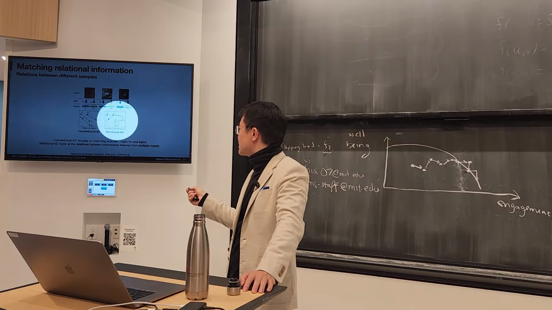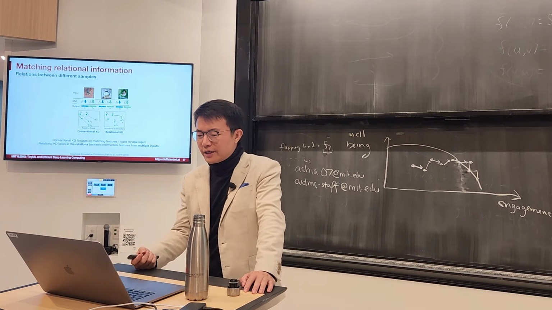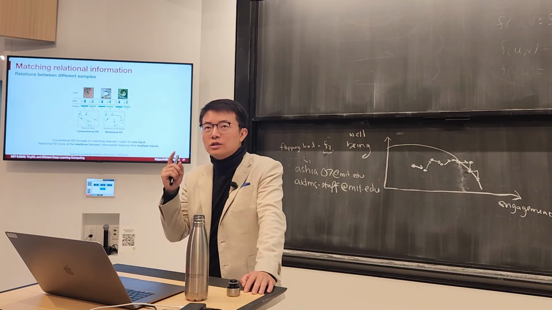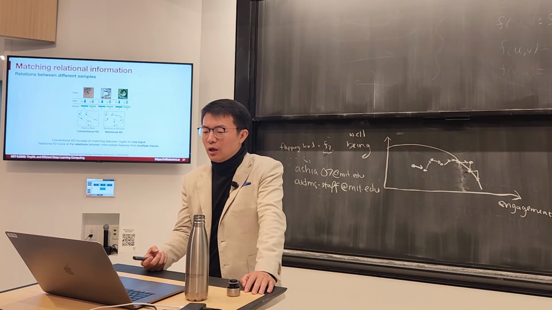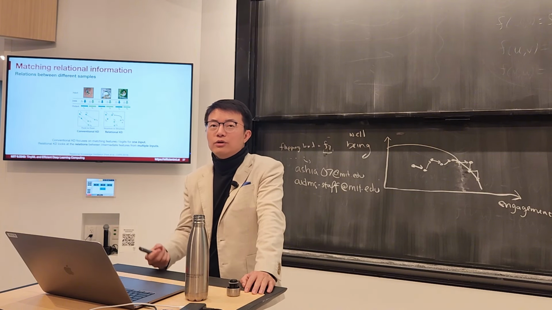But here it matters. Okay? The relationship matters. So conventional KD focuses on matching the features or matching the logits on just one input. Okay? The relational KD looks at the relation between intermediate features across multiple inputs.